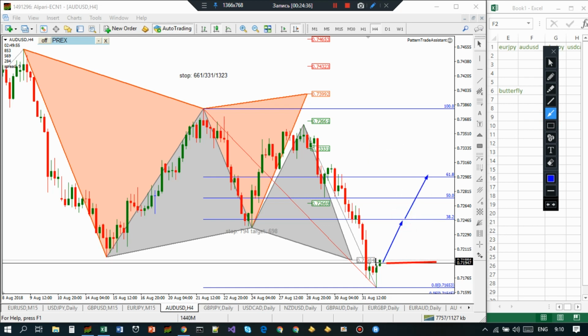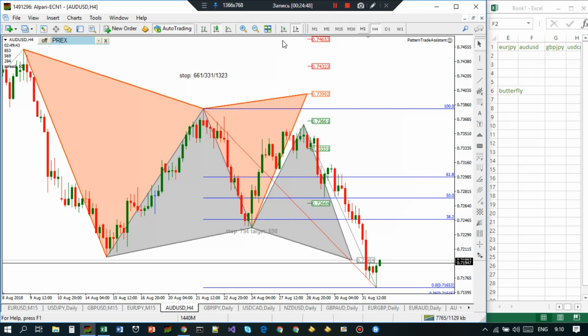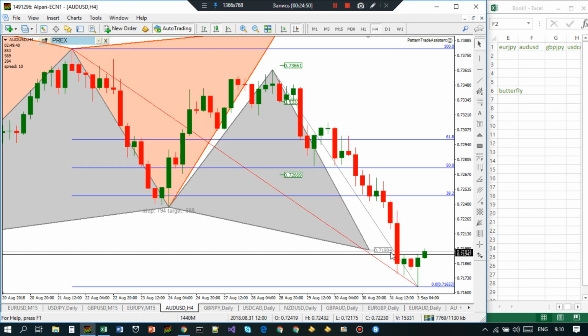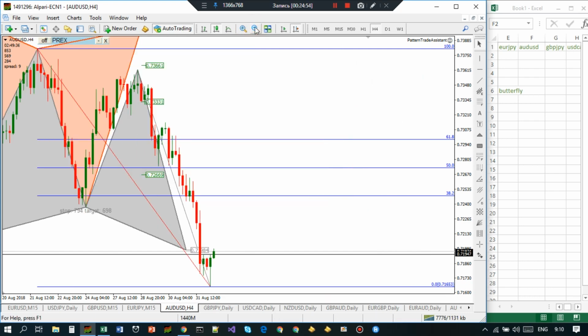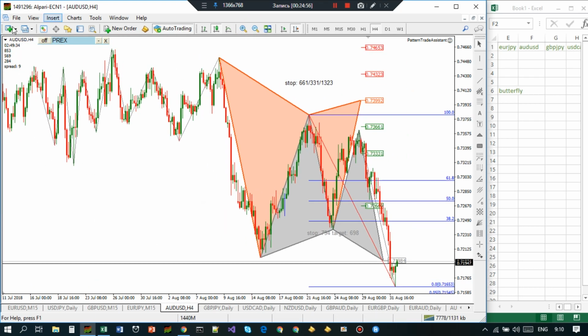Pretty good method. Price is starting the movement, so you can join it. It is just at this level of 70 something, $71.98. Good at market pattern.